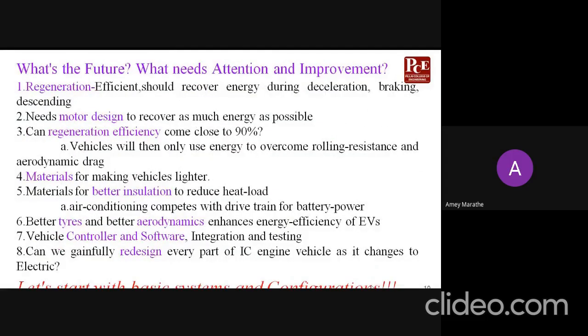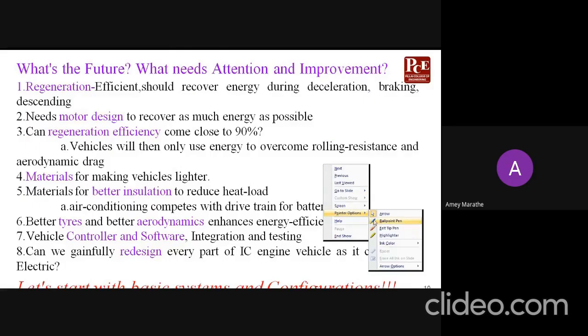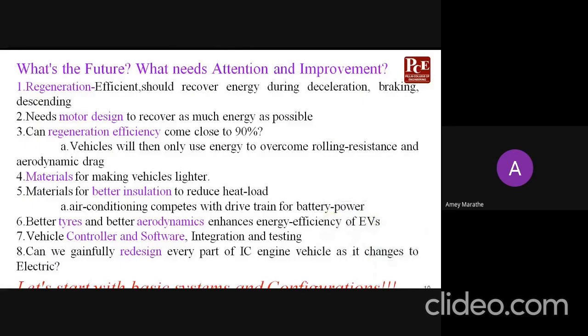Okay. So if we spoke about what goes away, what still remains, and what is the addition, then the question is what's the future, and what needs attention and improvement.